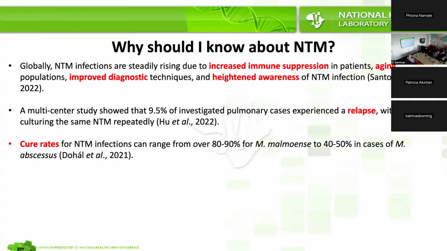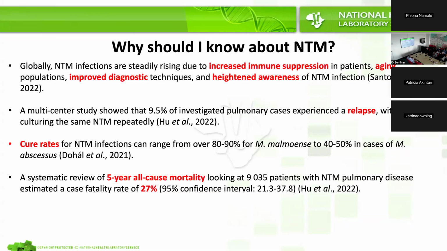Here, rates can differ depending on what NTM you work with, so it can be very good, like Mycobacterium malmoense, which is 90%, whereas organisms like Mycobacterium abscessus, commonly more pathogenic, could be much lower, 40 to 50%.